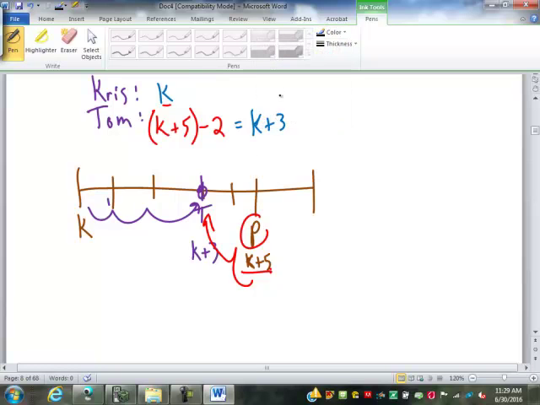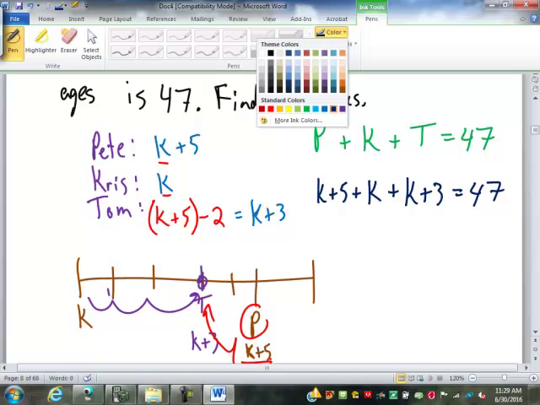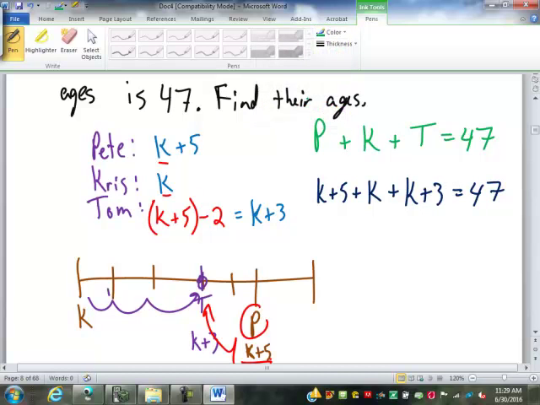So, back to our equation now. We can put in, for Pete, K plus 5. For Chris, we're going to leave it as K. Tom becomes K plus 3, equals 47. What can I do with that mess?